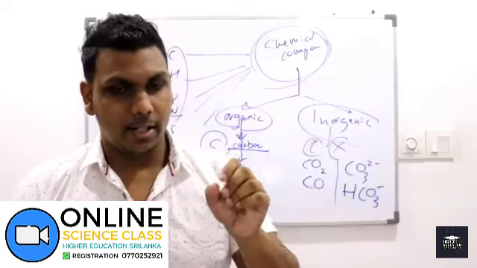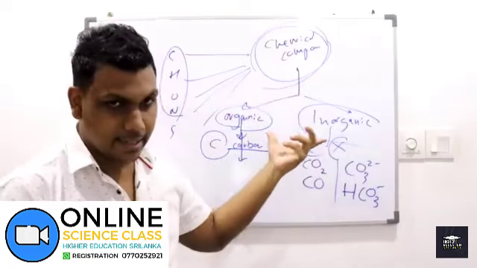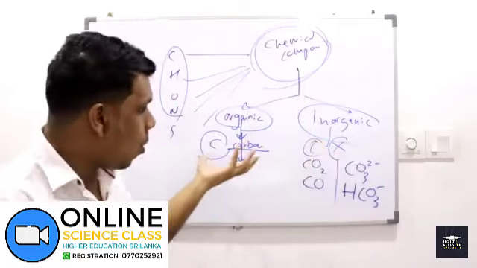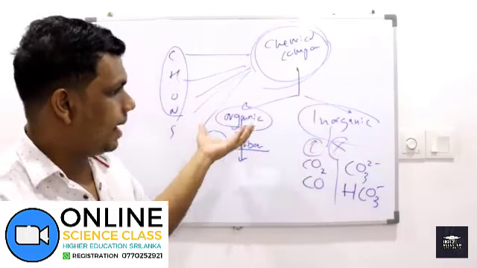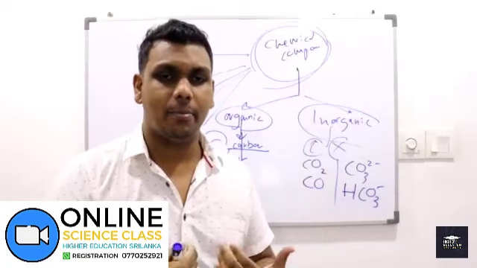Do you understand? In the chemical compounds categorization, compounds are divided into two, organic and inorganic. But not all the organic compounds come together to make our human body, animal body, plant body, that is the living body.